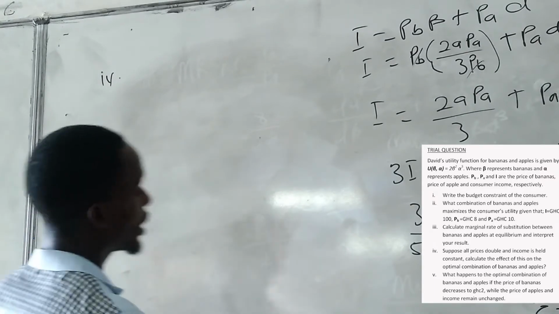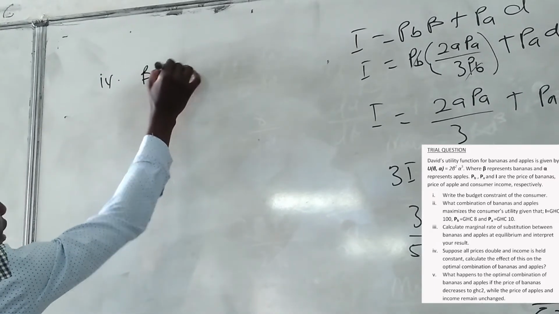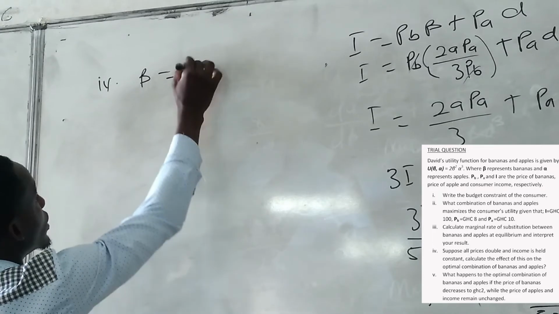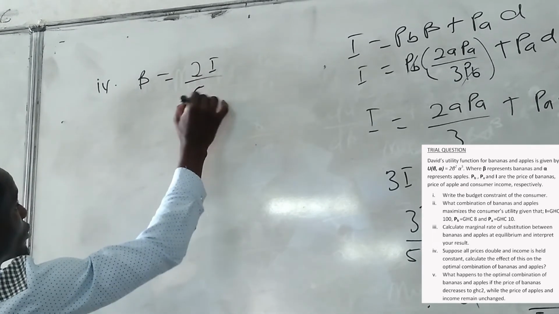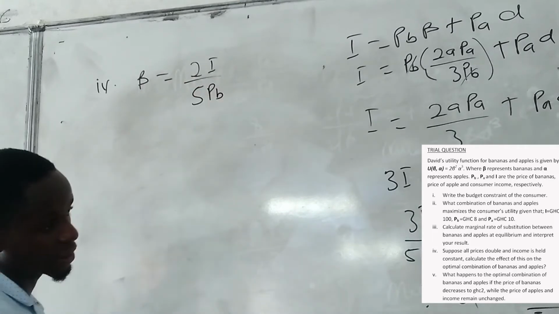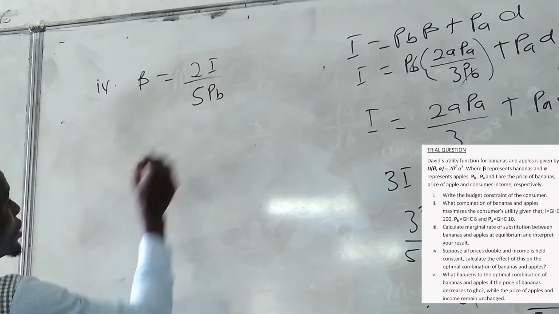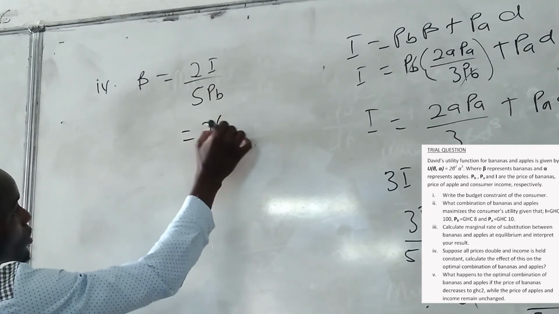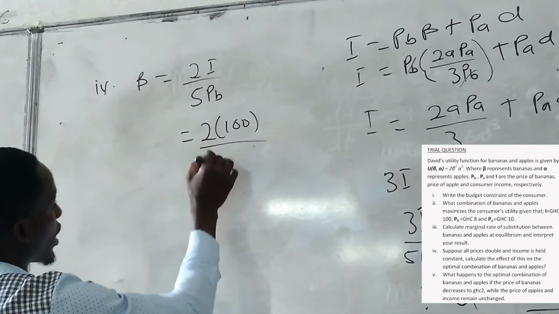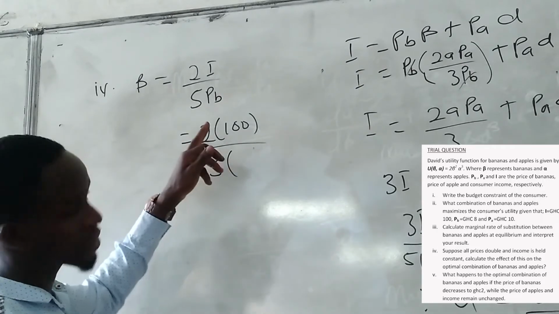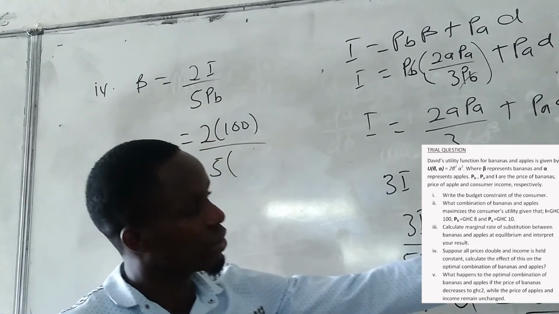So here you only multiply this times 2, this times 2. This will give you 16, this will give you 20. So the price of beta, or banana, that was 8 cedis, now has increased to 16 cedis. And the price of alpha, which is apple, that used to be 10 cedis, now is 20 Ghana cedis.